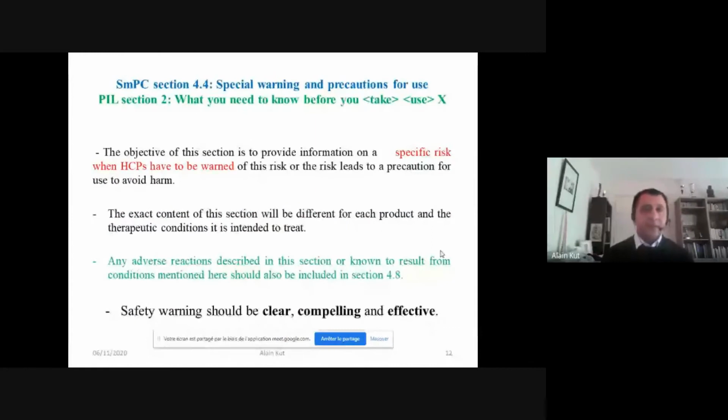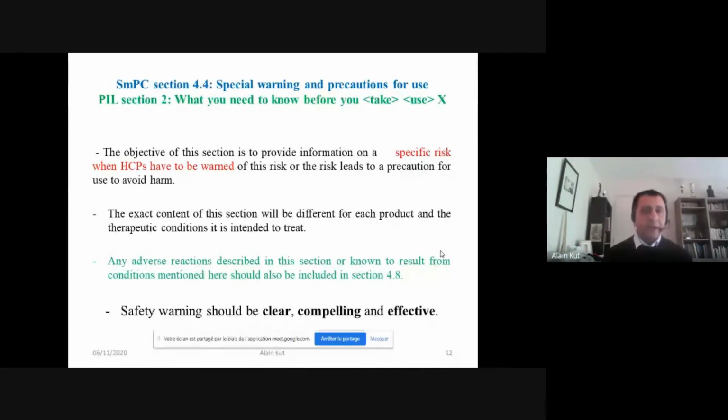Now this section is also the special warnings and precautions for use. In this section, we need to specify the risk when healthcare professionals have to be warned. It should be different for each product and therapeutic condition.